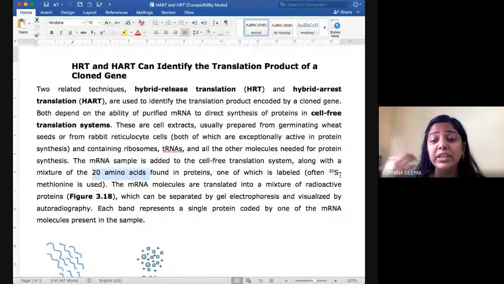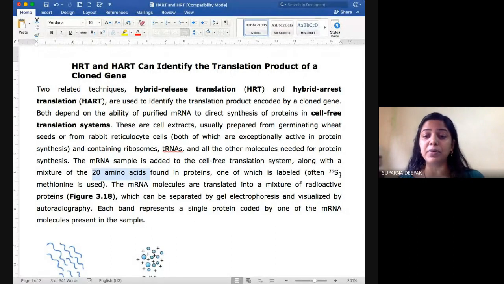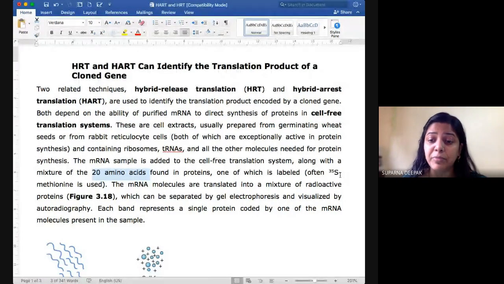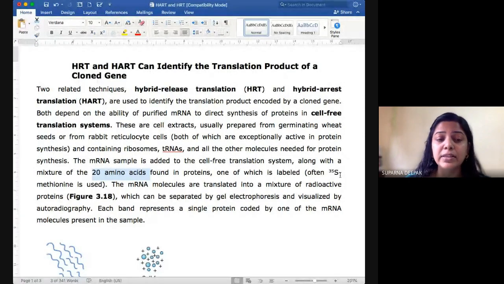This is for the detection purpose. Methionine is preferred because the first codon in most proteins is methionine, so most proteins are going to get methionine. That is the reason we can use 35S-labeled methionine for this purpose.